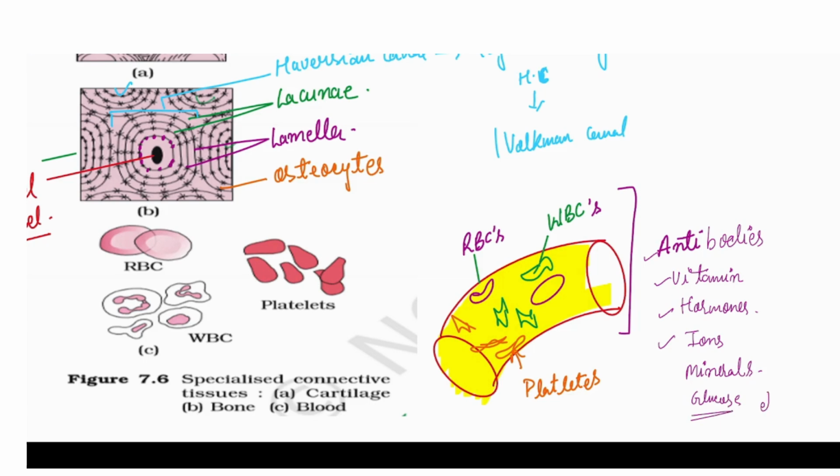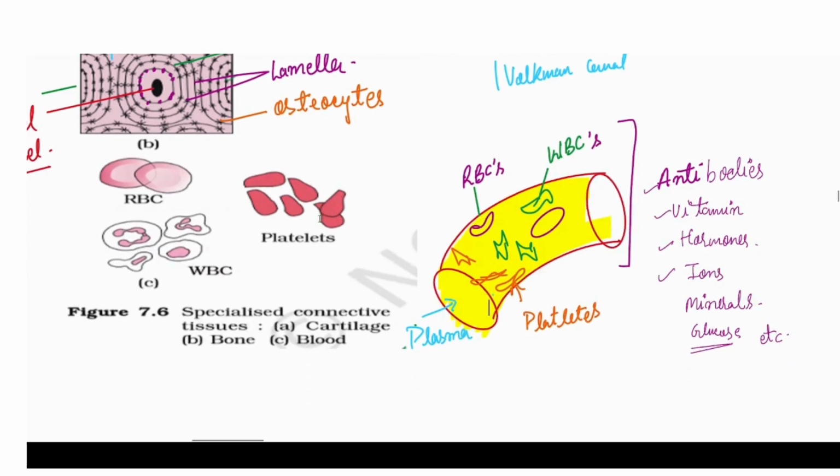Okay, we will study the details later, but the basic term I will tell you: the plasma is this yellowish fluid in which all this is floating. So plasma is the main part in which the formed elements float. So we have plasma plus formed elements. Formed elements are what?